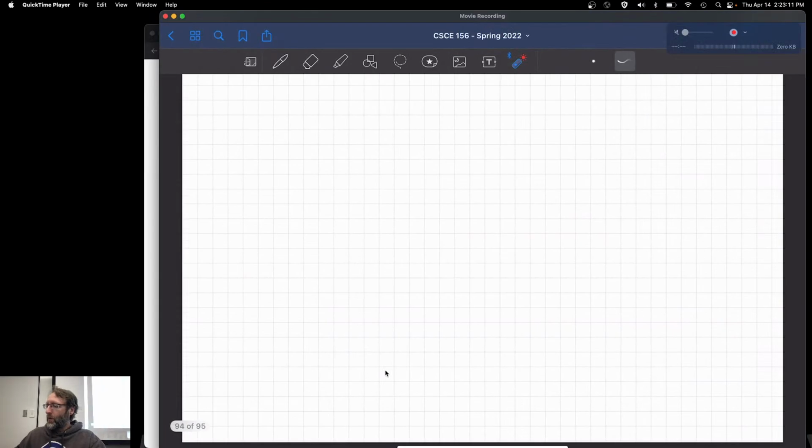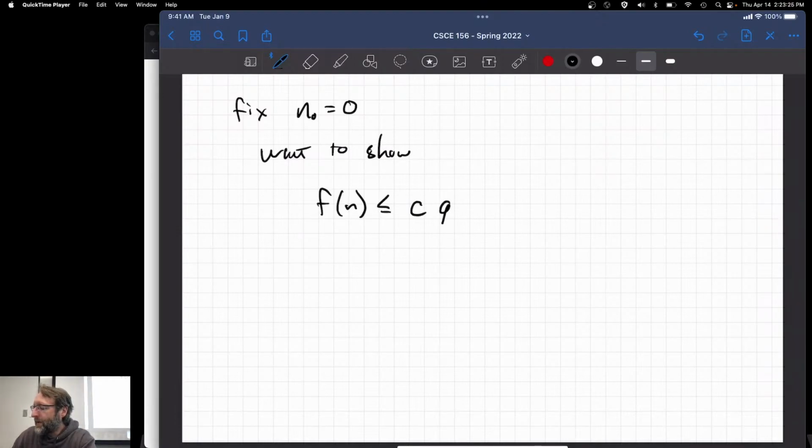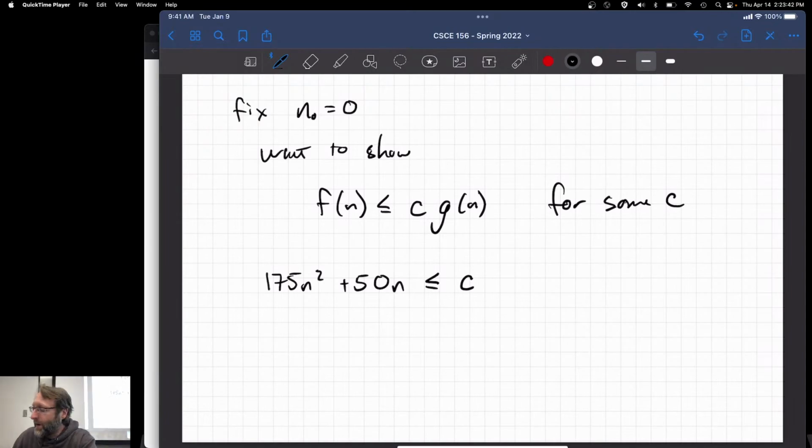We're going to fix n not to be 0, and we want to show that f of n is less than or equal to c g of n for some c. For our particular example, it was 175n squared plus 50n is less than or equal to some c that we're going to have to find, times n cubed. Okay?